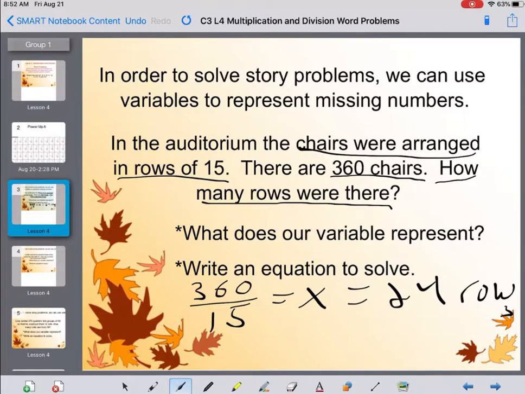I can also check it by multiplying 15 by 24, because 15 chairs per row and 24 rows should give us 360. Let's do 24 times 15. Great, we get 360 chairs, so we know our value of 24 rows is correct. All right, moving on.